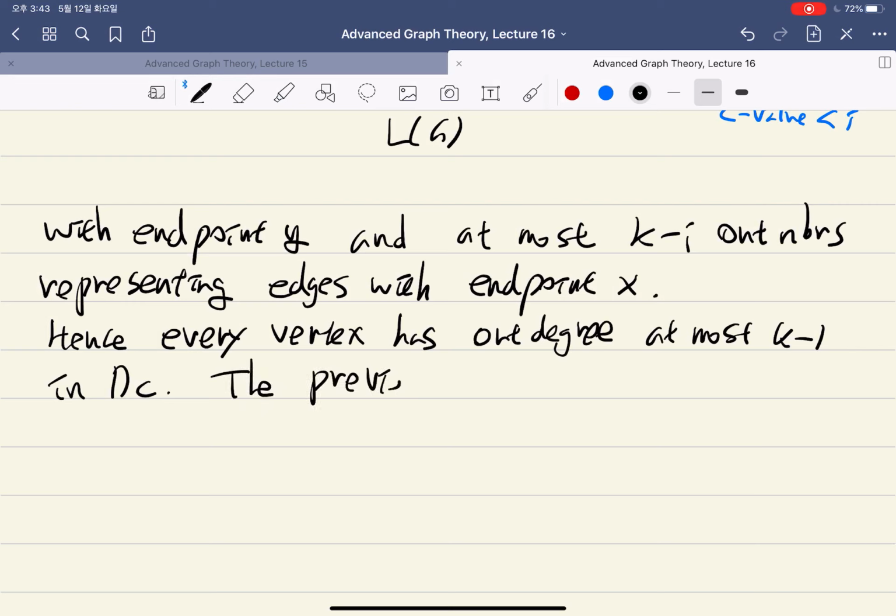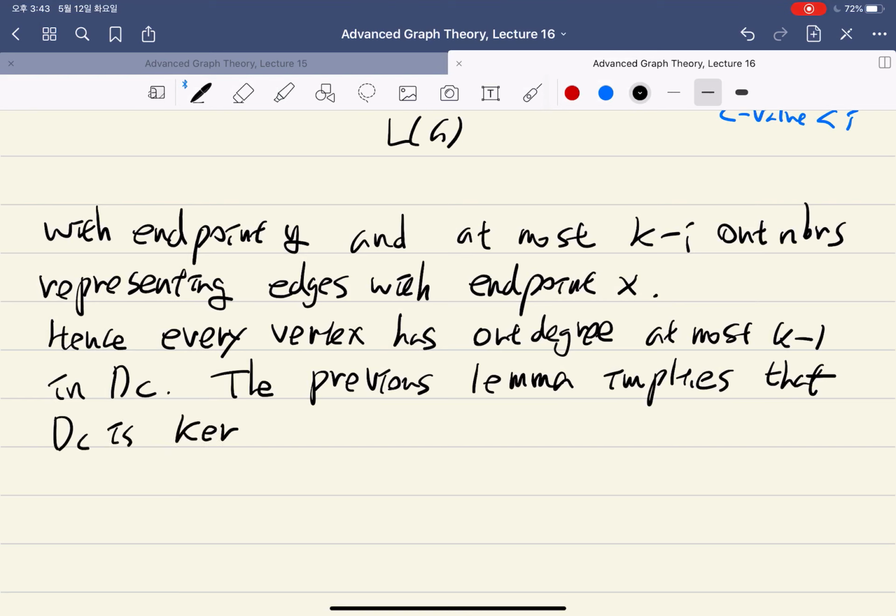Then the previous lemma implies that this DC is kernel perfect. So by applying the first lemma that we proved, this line graph is K-choosable.